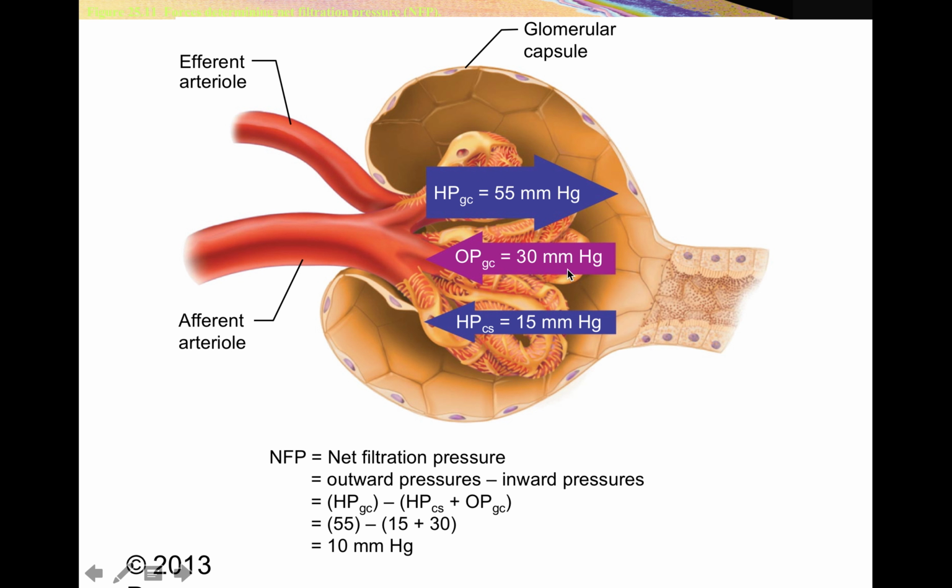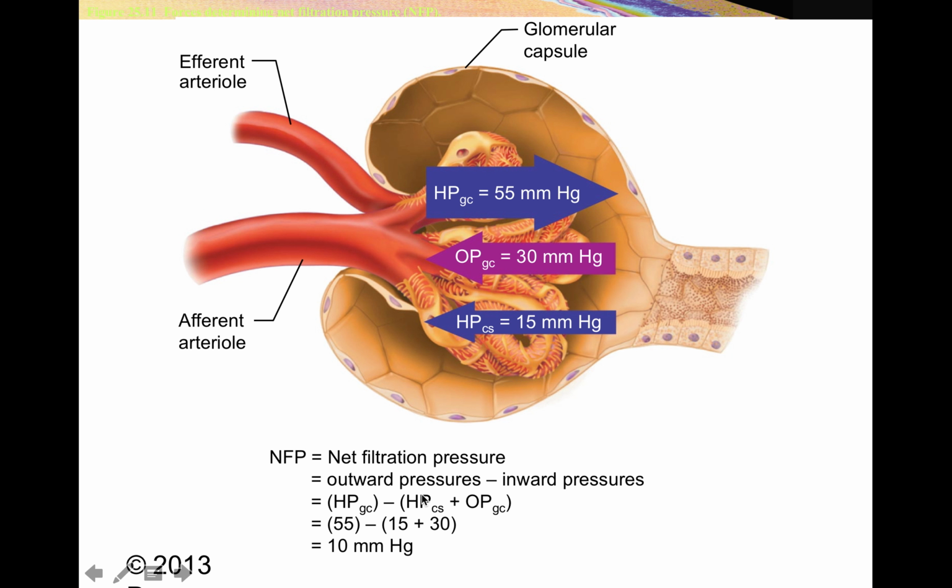And the smaller one is the pressure of water within the capsular space that is being exerted onto the glomerulus. This is about 15 millimeters of mercury, because the amount of fluid present in the capsular space is small, and therefore the hydrostatic pressure will also be small.